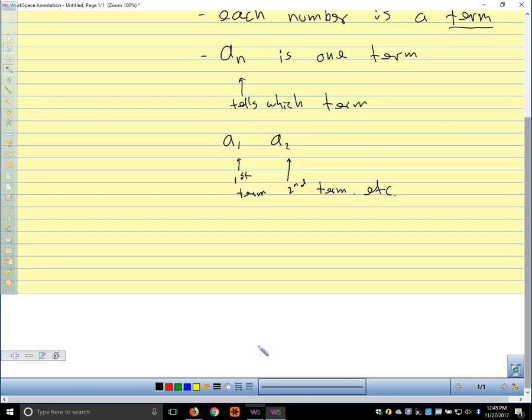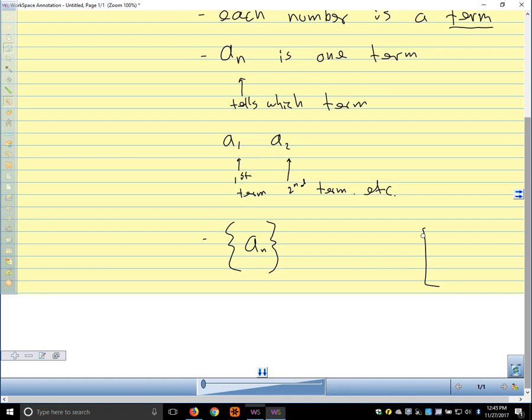If we put braces around our a sub n, brackets are square, braces are curvy like this. This would be a bracket. These are braces.